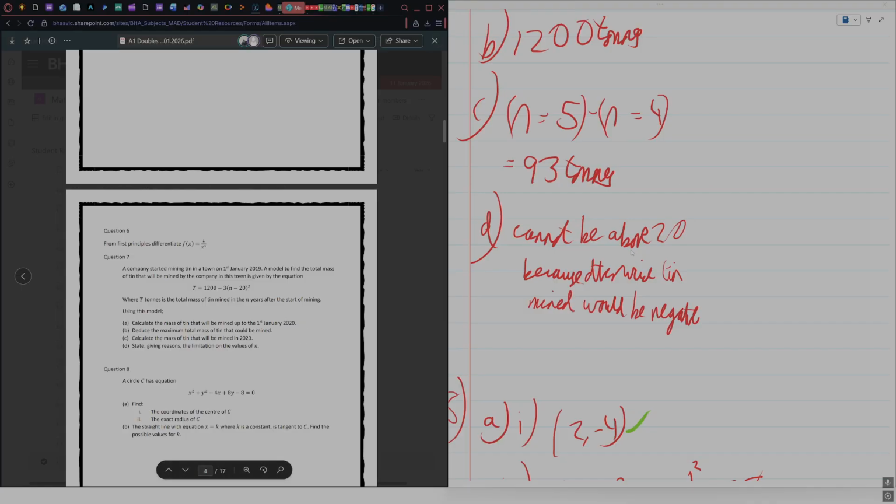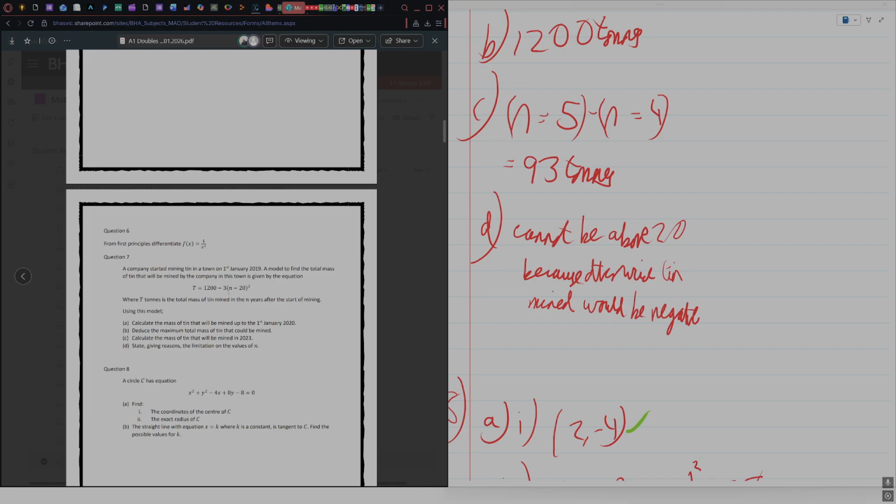No, this doesn't even make any sense, wait, sorry. N can't be above 20 because otherwise, oh, yeah, sorry.